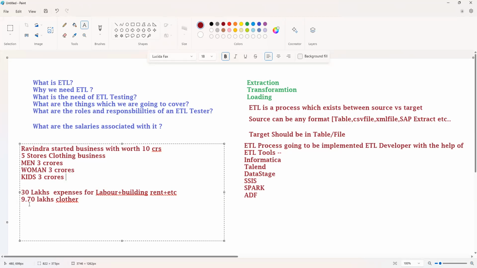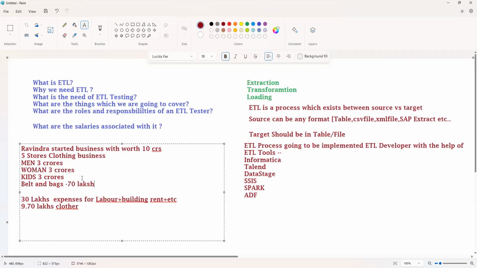Now you have 70 lakhs remaining. You have different items, let's consider some kind of retail items, like belts, bags. These are the things which they purchased with the 70 lakhs.